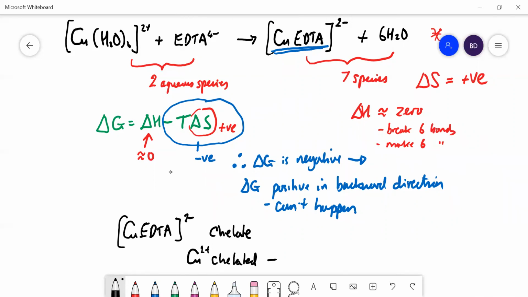So EDTA is used for quite a lot of things. It's used in a lot of cleaning solutions because it will remove metal ions. It's also used to stop blood clotting, because EDTA will also react with calcium ions in blood, and calcium ions are required for the clotting cascade.